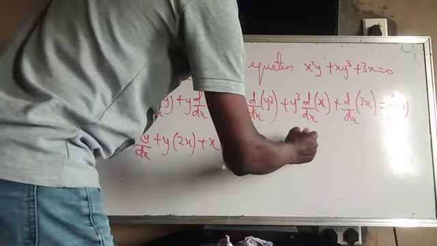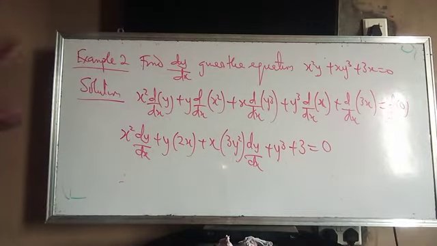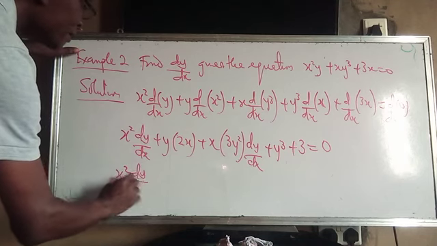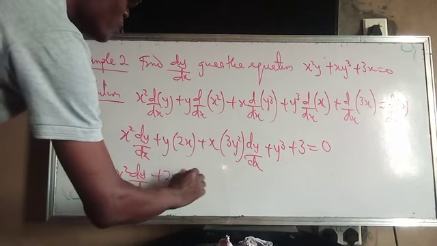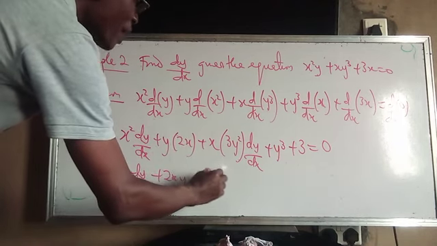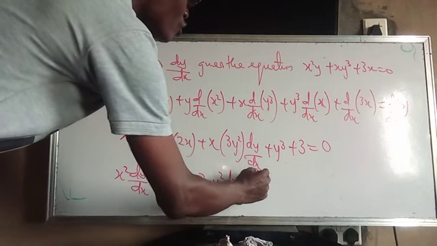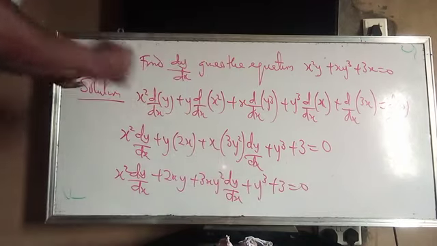Plus this is 3. Then equals to 0. Okay. Let's expand. x squared dy/dx plus 2xy plus 3xy squared dy/dx plus y cubed plus 3 equals to 0.